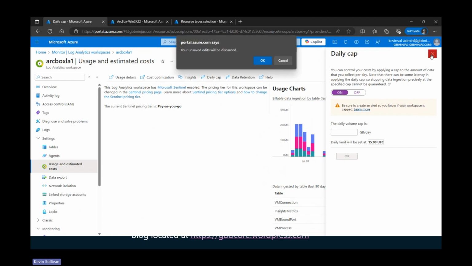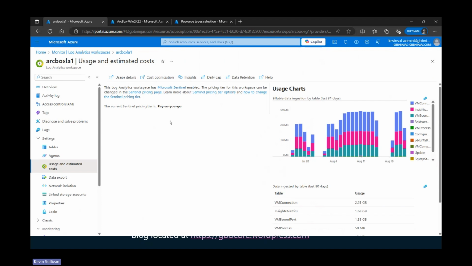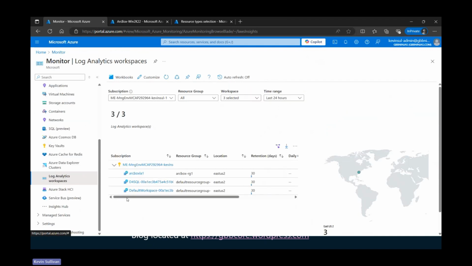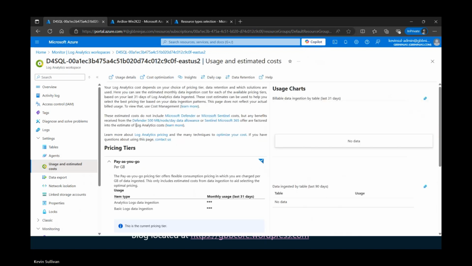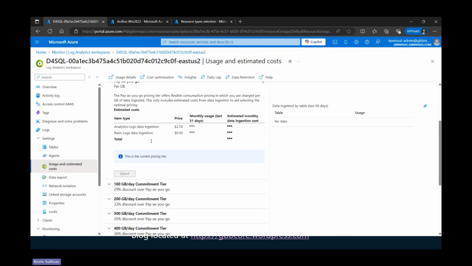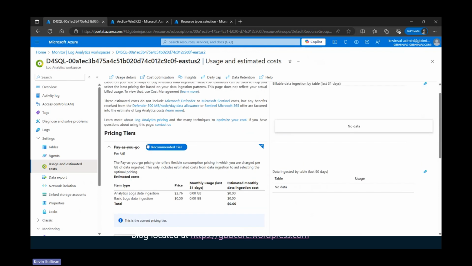I'm not going to do, again, Sentinel is its own kind of category, but notice that if you have Sentinel lit up, and I do on this particular Log Analytics workspace, I would have to go over to the pricing tiers. And so for that, let me show you one of my other workspaces. If I go to usage, yeah, so this is the view. What this does is it'll actually dictate over time.